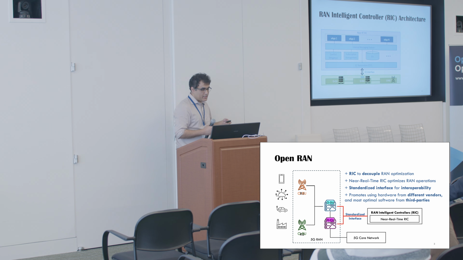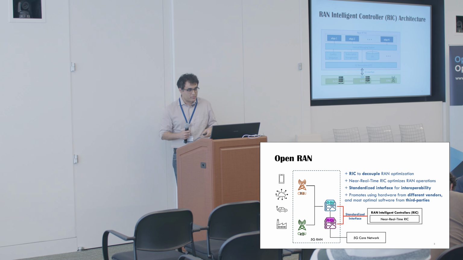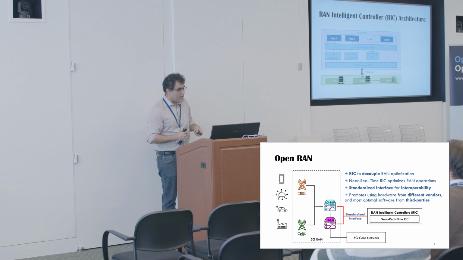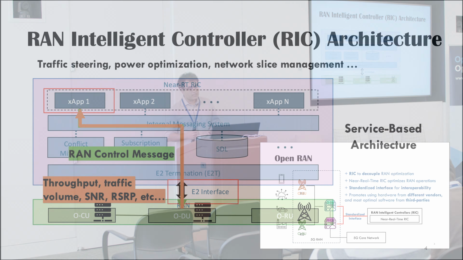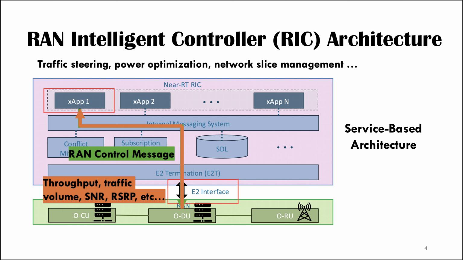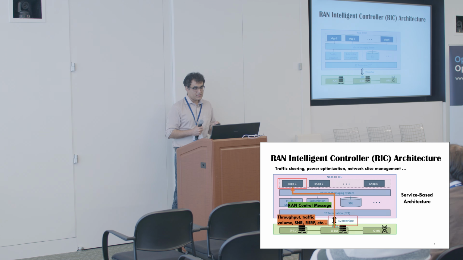So let's take a deeper look at this RAN architecture. You can see that at the bottom there are different RAN components, and one Open RAN RIC or non-real time RIC can be connected to multiple RAN components. The main interface between the RAN nodes and the RIC is the E2 interface.